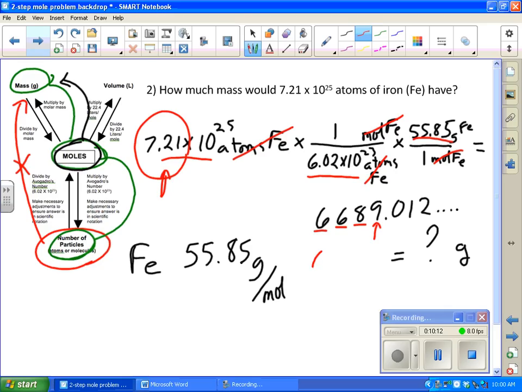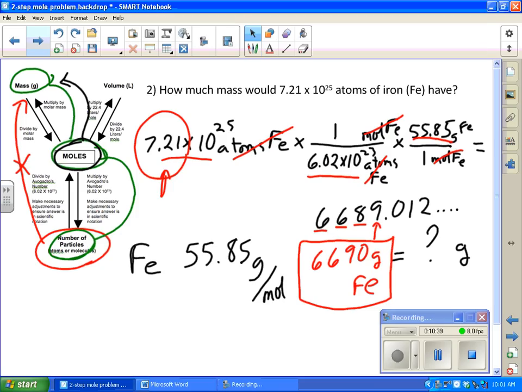So our final answer is 6,690 with no decimal point brought down. And this number will have three significant figures. That 0 is not significant. And our answer is in grams of Fe. So here, ladies and gentlemen, is the final answer you should get.